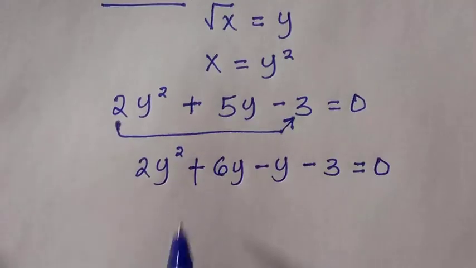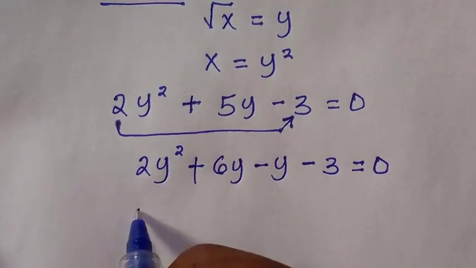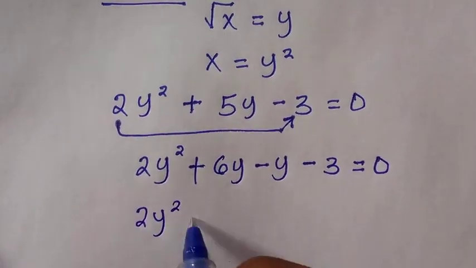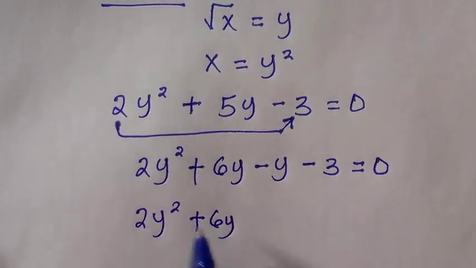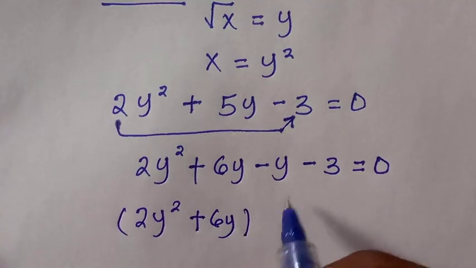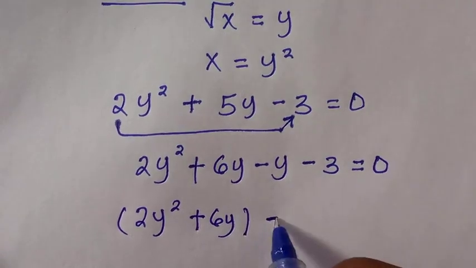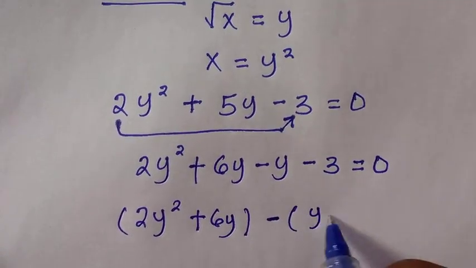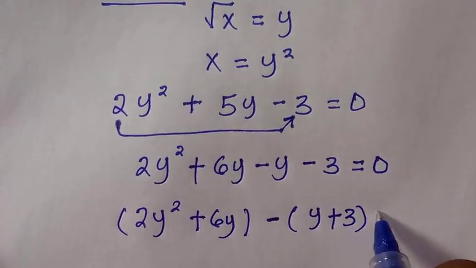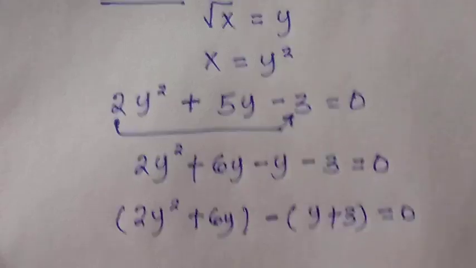So we group here: 2y squared plus 6y. Then here negative 1 is common, we take it out, and we have y plus 3 equals 0.